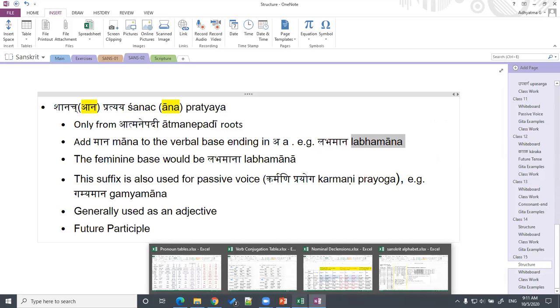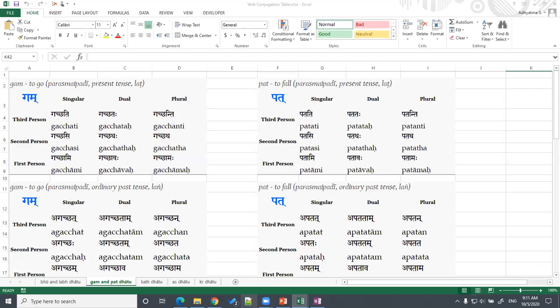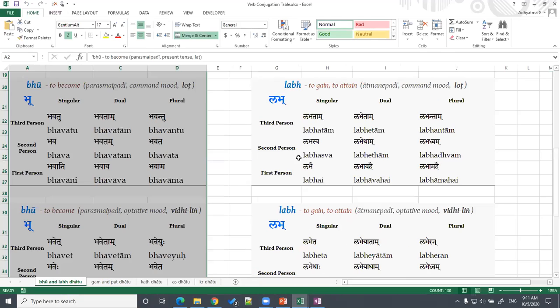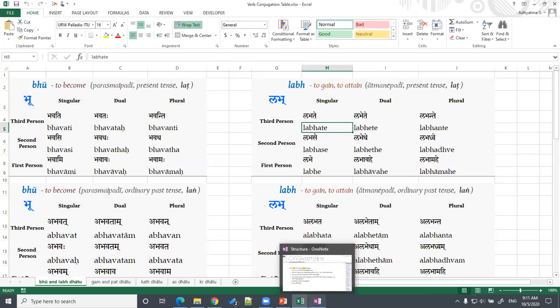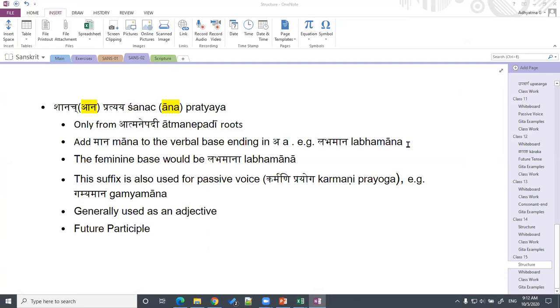It's very simple: if you go to the verb conjugation table and remember the labha dhatu, you just take labhate, remove te, the remaining is the base, and you add mana to the base. So labhamana. You can take the third person singular, remove the ending te, and add mana. So it becomes labhamana.